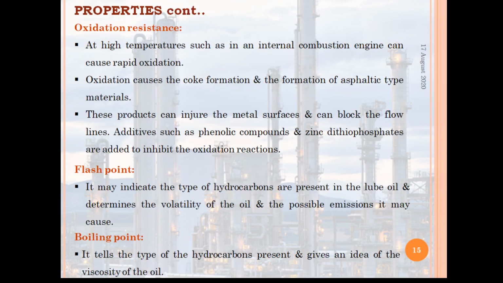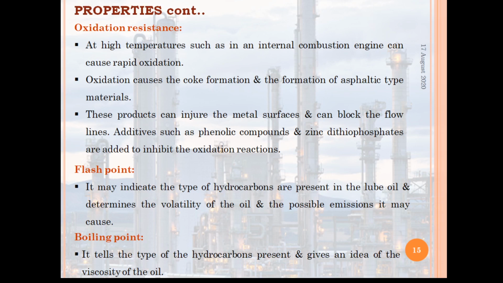Next is the oxidation resistance. Higher temperature, such as in an internal combustion engine, can cause rapid oxidation. This oxidation causes coke formation and the formation of asphaltic type materials.